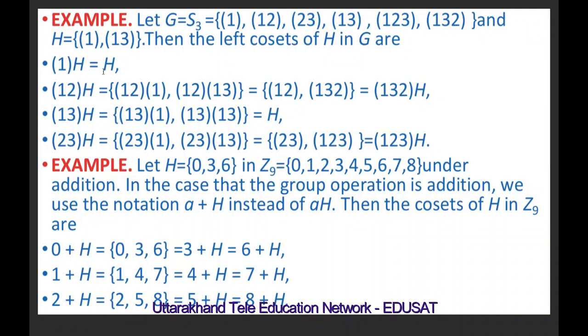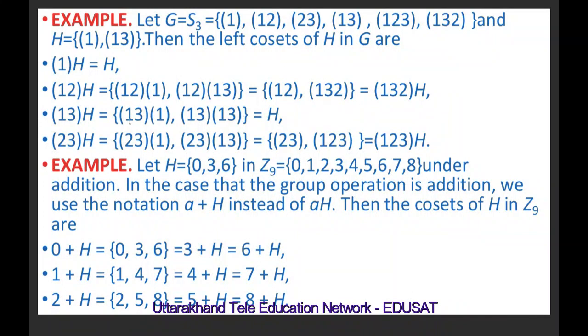For the first left coset, 1 times H, we have H, because 1 is the identity permutation. (1 2) times H is (1 2) times 1 and (1 2) times (1 3). So applying the given composition, we get (1 2) and (1 3 2). (1 3) times H is (1 3) times 1 and (1 3) times (1 3).